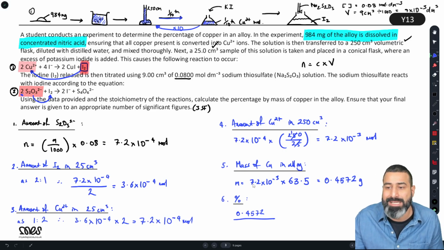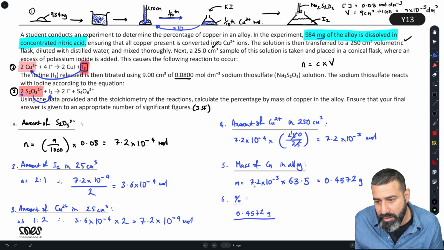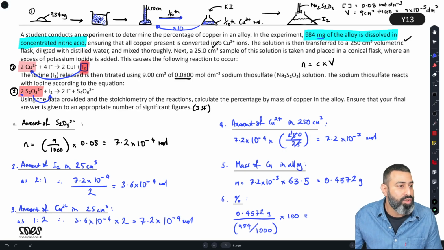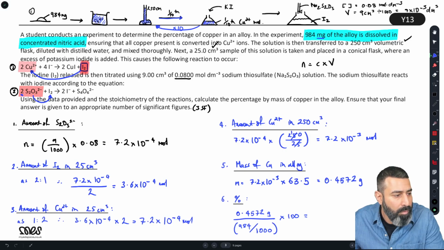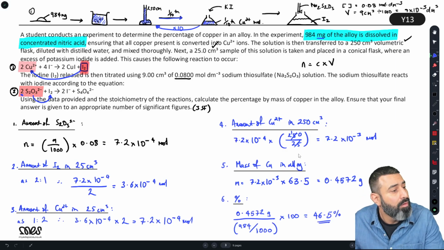But the problem here is I'm given the mass in milligrams, so I need to convert that into grams. So I'm going to do 984 over 1,000 times 100 to get the percentage. So what do we get? So if we process that into 3 significant figures, we get 46.55%, and the job is done.